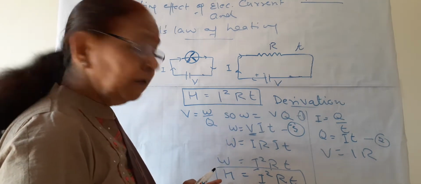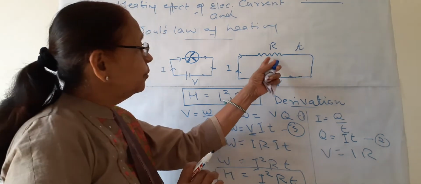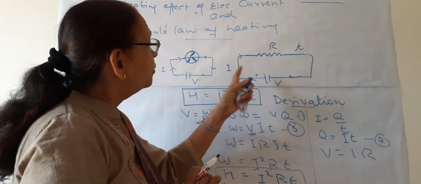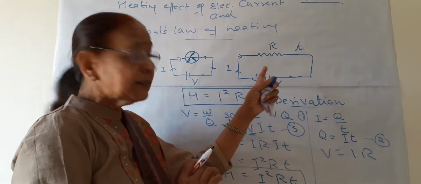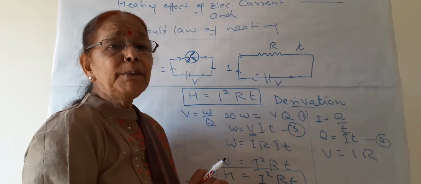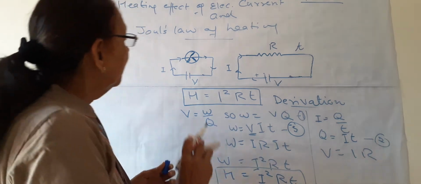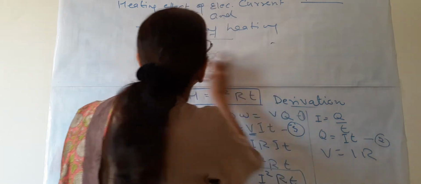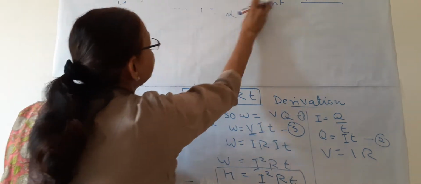What does it mean, Joule's law? That the heat produced in a resistor R is equal to the square of current which is flowing in the circuit for the time t seconds. So this is Joule's law. And what it implies, there are few points you have to remember.